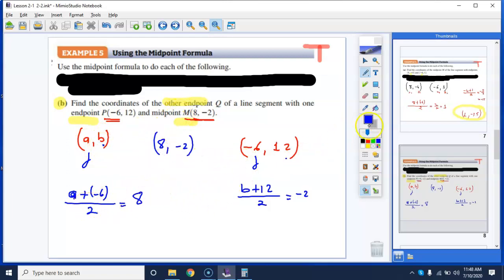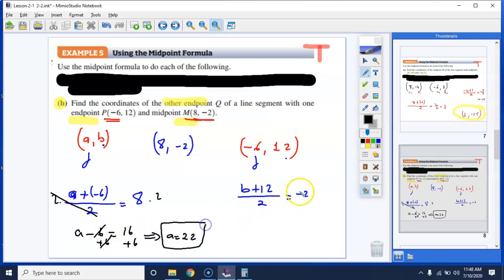So let's multiply this one by 2, both sides. Times 2, times 2. These two cancel. A minus 6 is 16. If I add 6 to both sides, A should be equal to 22. And this one, multiply both sides by 2. These two cancel.